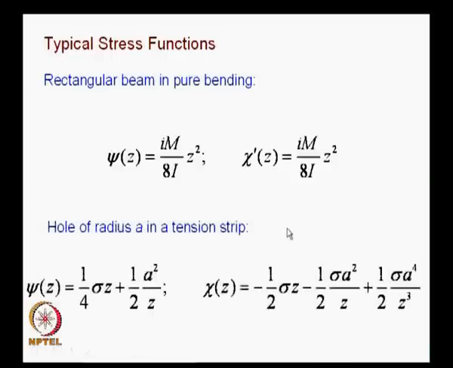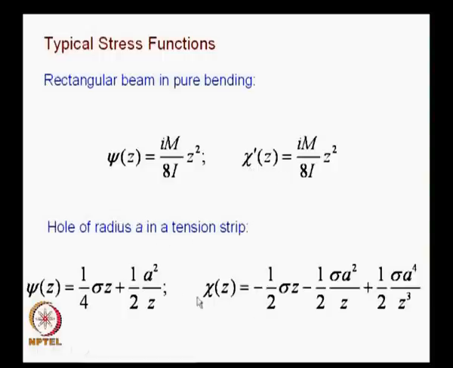You have the relevant functions psi and chi, and xi z is given as 1 by 4 sigma z plus 1 by 2 a squared by z. For chi of z, you have to notice that till now we have been looking only at chi prime.